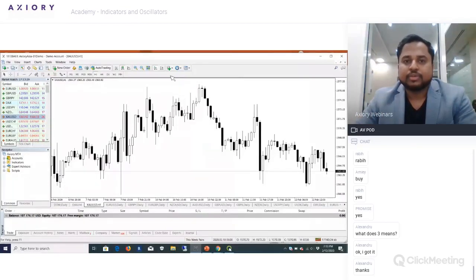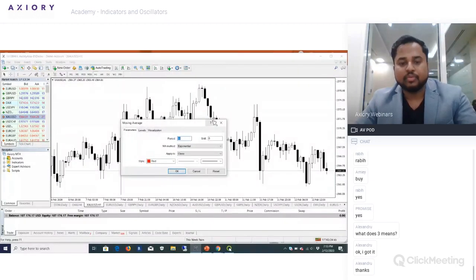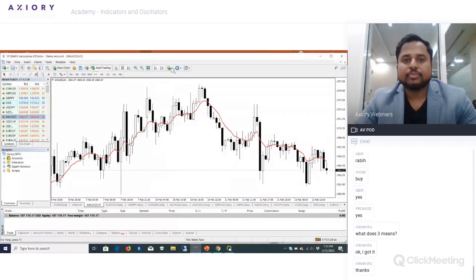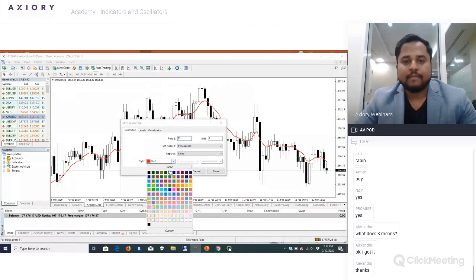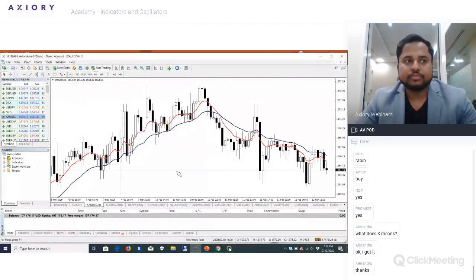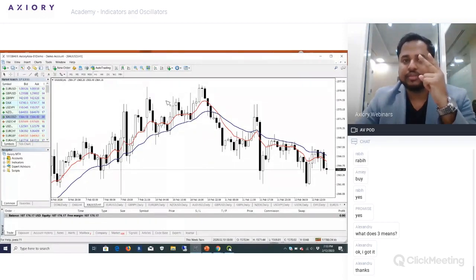You simply go here, put the 8-day moving average, then go to moving average again, put 21, close. So you are now using two moving averages together.